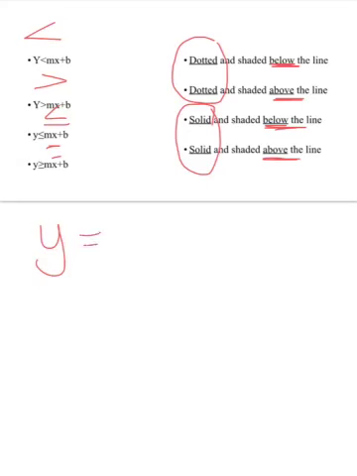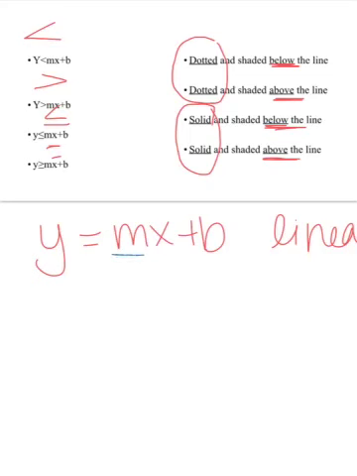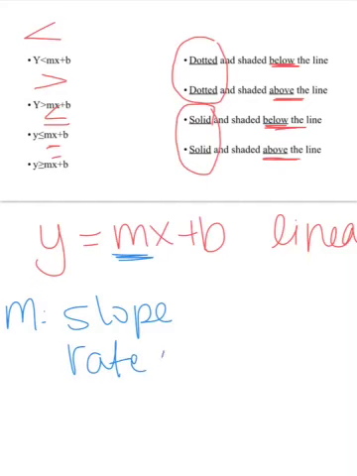And you can notice these are in the form y equals mx plus b. This is the linear or line. Okay, and remember when you do this that m is the slope, which is also called the rate of change.